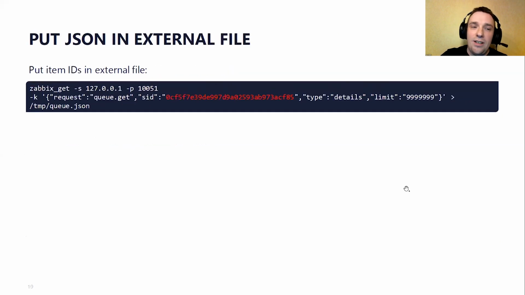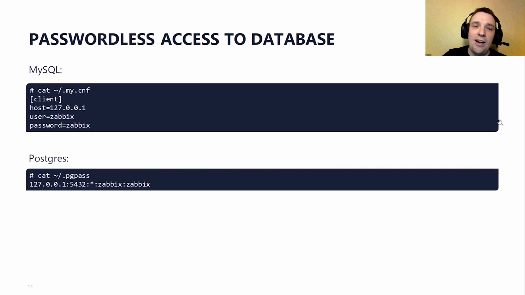The task is to put this content in an external file. If you see that the content is valid JSON, then we are ready to put this information in an external file. The solution is applicable to both of the most popular database engines, MySQL and PostgreSQL.